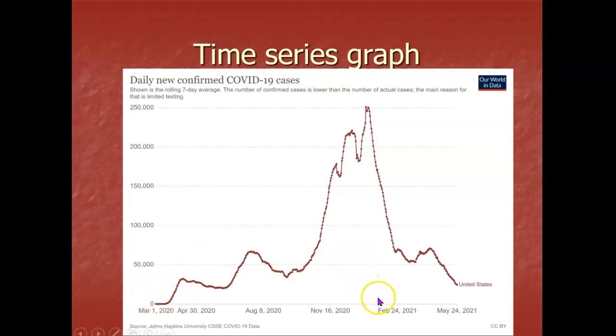So you can see that it was highest, well, right here on the graph is when it was highest, and it looks like that was right around the beginning of 2021. And then came down, came up a little, but it's been going down recently.